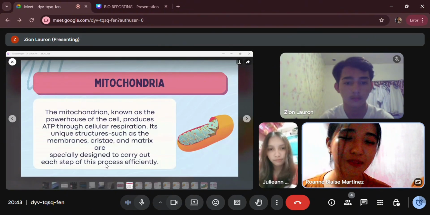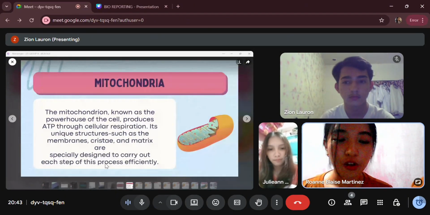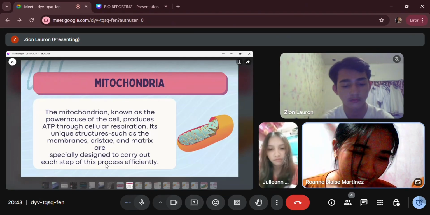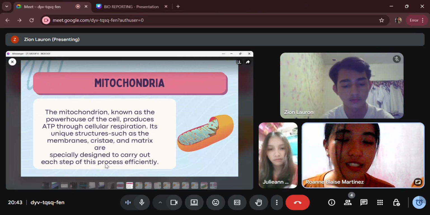What makes mitochondria special is its unique structure. It has an outer membrane that protects it, an inner membrane that holds structures called cristae, and a space inside called the matrix. Each of these parts has a very important role in producing ATP.